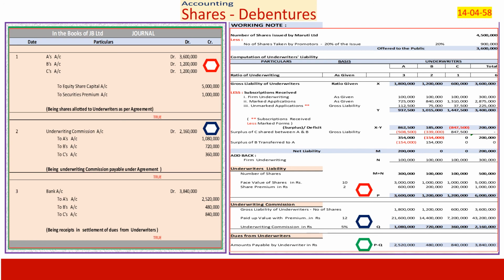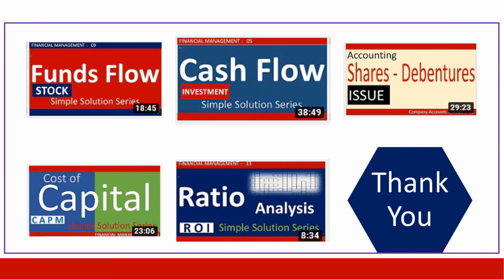Third, net amount has to be paid by them to the company. That is 60 lakhs minus 21,60,000 is 38,40,000. 38 lakhs 40,000 has to be paid by cash. The company receives 38 lakhs 40,000, and that is a thumbs up. This is the stage by which we achieve the result. Thank you so much. Thanks a lot.